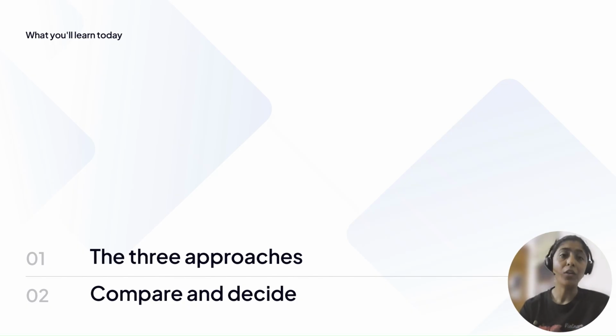Before diving into the concept, let's quickly understand today's roadmap. Think of this video like learning how to drive a car. Before driving, you first learn what each pedal does, then you learn when to use each one. Similarly, today, first we'll understand each project management approach individually. After that, we'll compare them side by side.